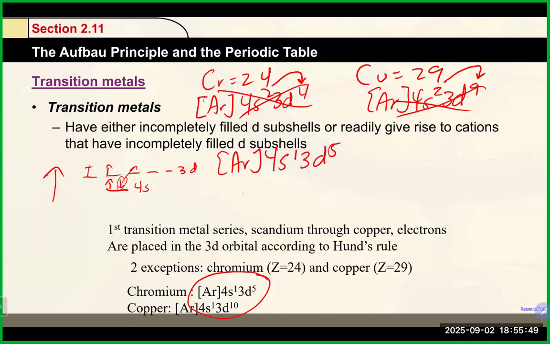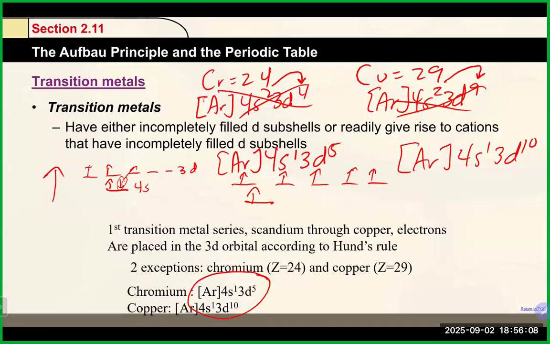What does that essentially do for the s orbital and the d orbital? Well, it kind of maximizes parallel spin a lot, right? So we've got a lot of parallel spin happening in those orbitals. And in the case of copper, argon 4s1 3d10. Same idea, we've got that extra electron up there.